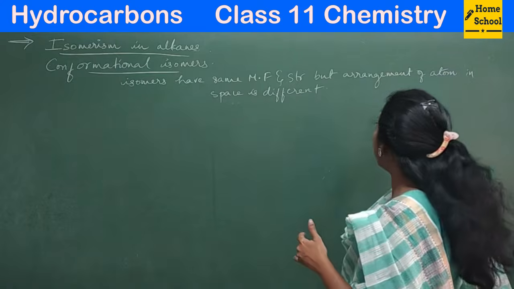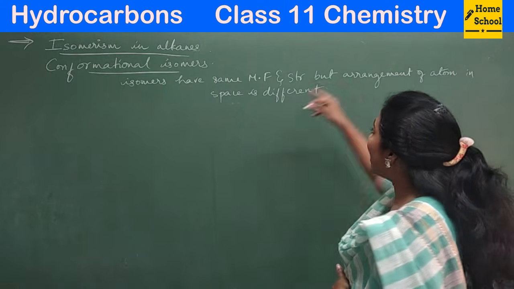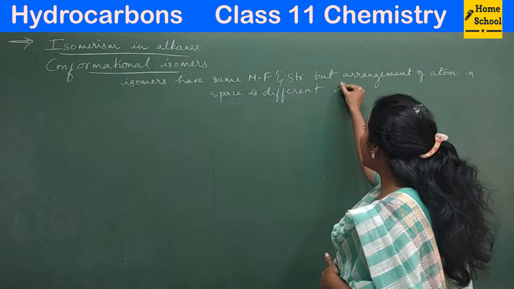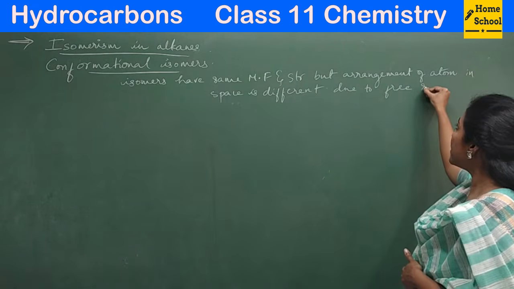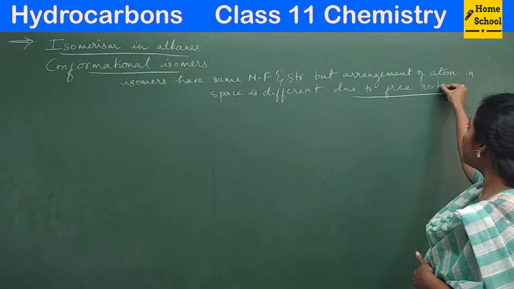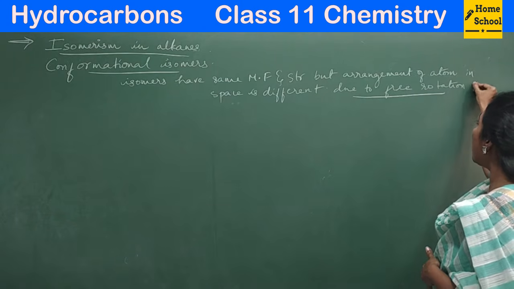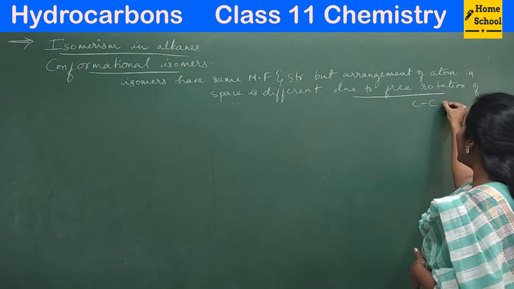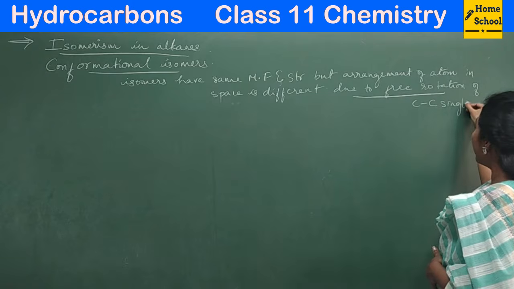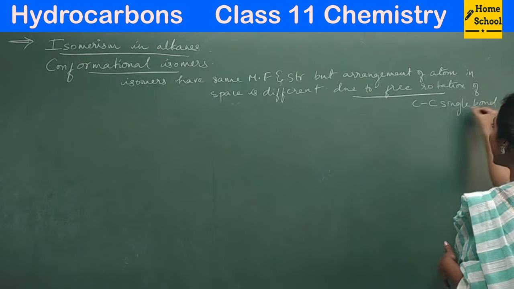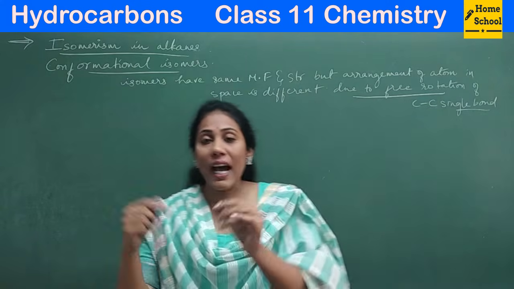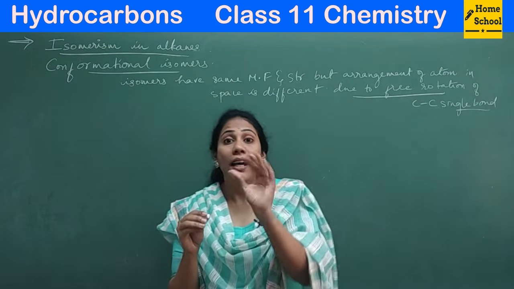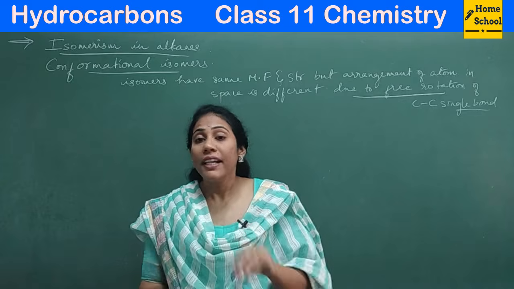So what we have to write here: the arrangement of atoms in space is different due to free rotation of the carbon-carbon single bond. This is very important. You should have at least one carbon-carbon single bond, which can be rotated very easily.